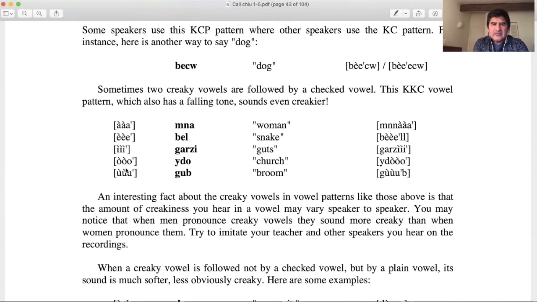Bell, bell, garzi, garzi, ido, ido. So as you can see, it's much, much creakier than the one we heard first.